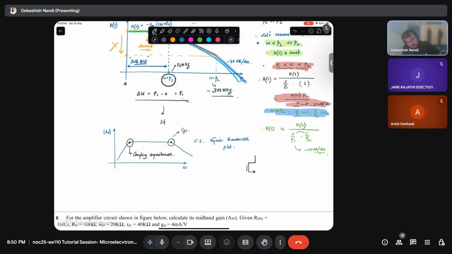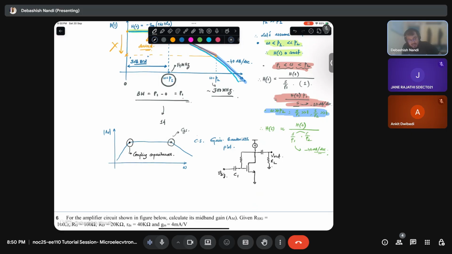Basically if you draw your amplifiers, the way you apply your small signal is this, and let's say at this point you want to bring out your output voltage.